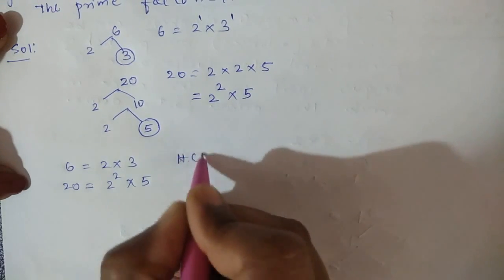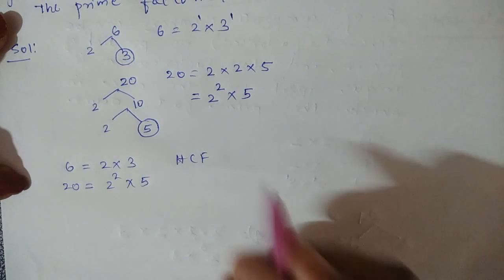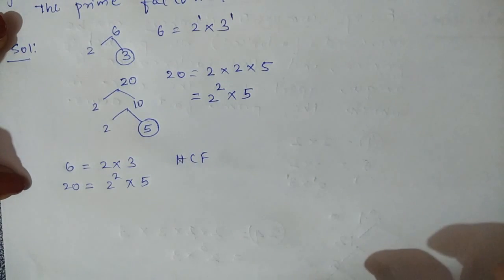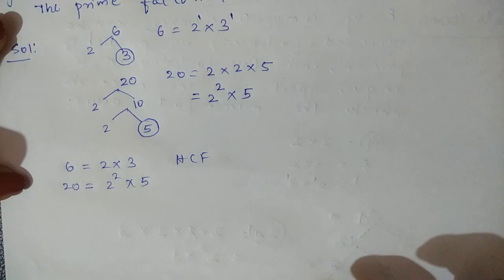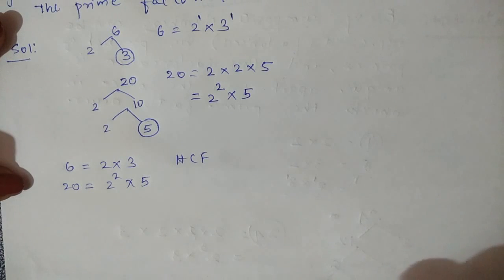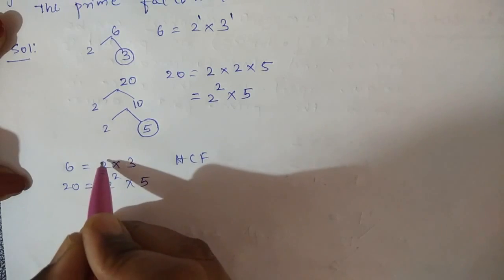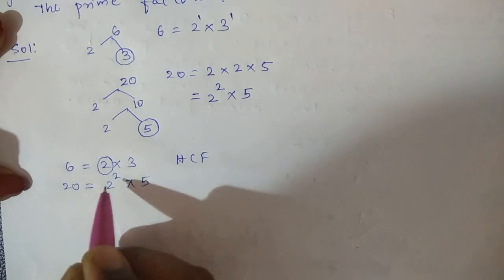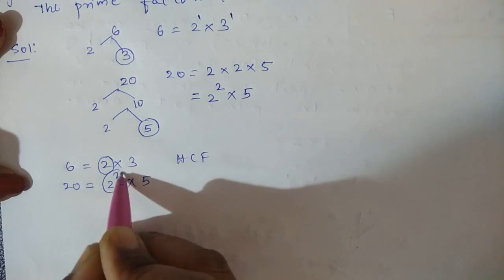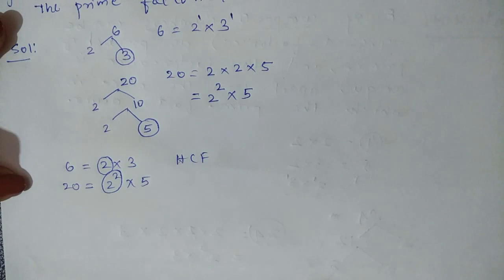The HCF was the highest common factor. What is my common factor for both? For both, my common factor is 2. Here it is 2 square.